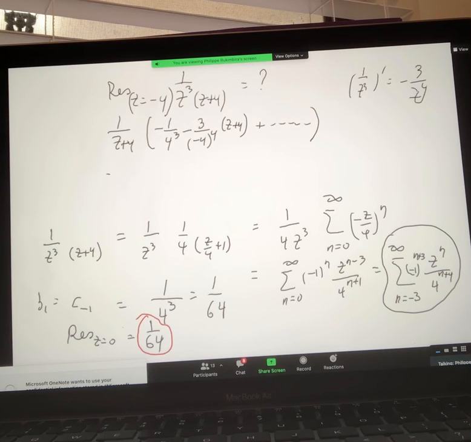So this is going to look like, all right, minus 3 over 64 times 4, I think that is 256, times a constant, and so on.